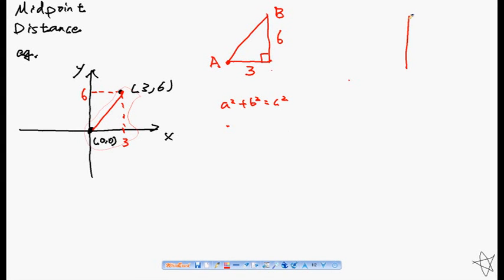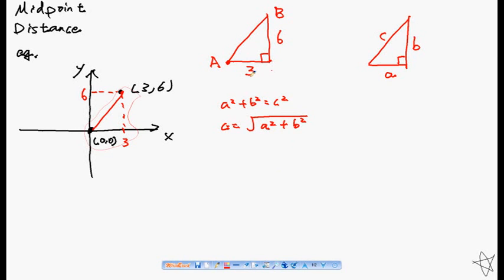If we have a right angle triangle, this is A, this is B, this is C. A squared plus B squared is equal to C squared, and C will be the square root of A squared plus B squared.